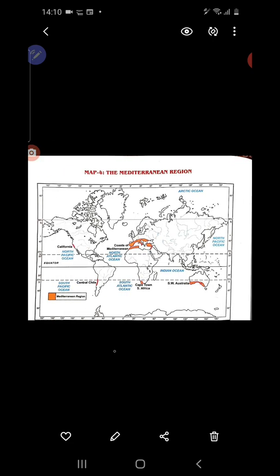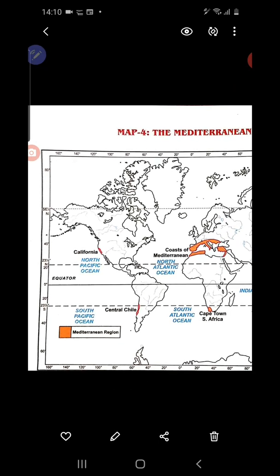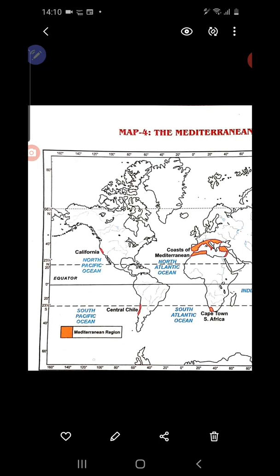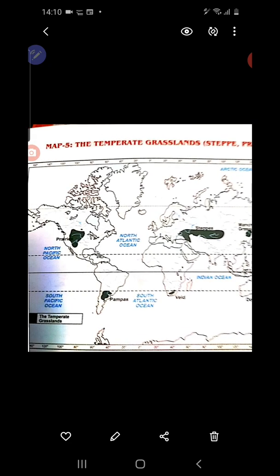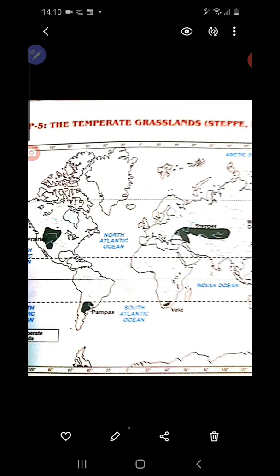So then we discuss, it begins from here. Equatorial region we discussed, tropical monsoon, tropical desert, Mediterranean region, and the temperate region also. Then comes grassland, that is temperate grassland. You can see here which continents the temperate grasslands are lying in.